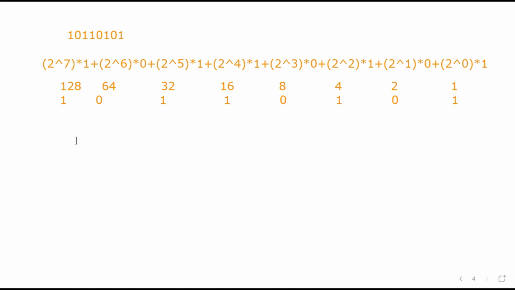So multiply this: 128 into 1 is 128, add 64 into 0 is 0, 32 into 1 is 32, plus 16, plus 4, plus 1.